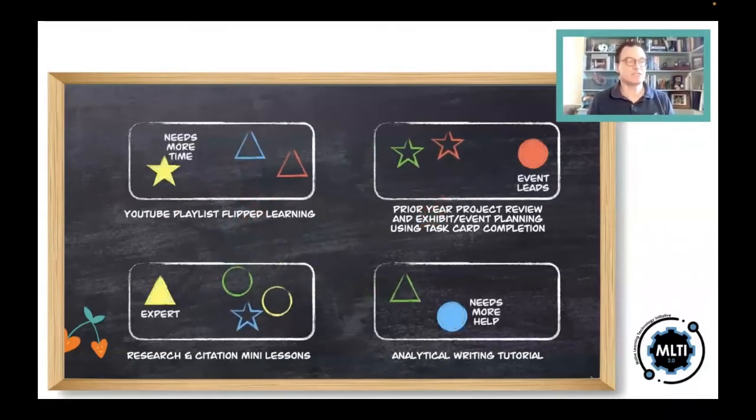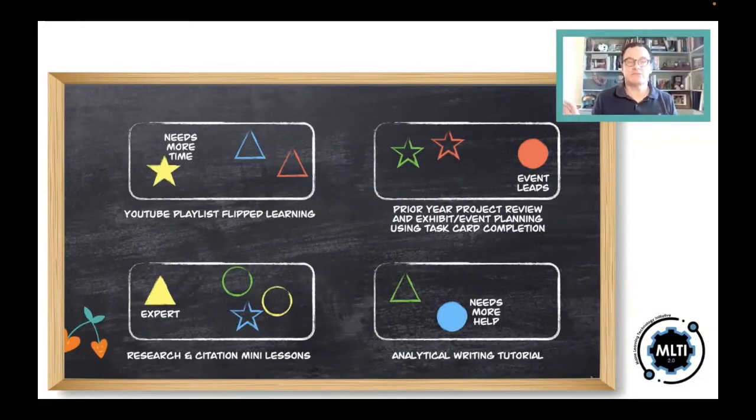I showed these as filled in, but we have the yellow star here representing someone who needs more time, or a group that needs more time with the flipped learning and the YouTube playlist. Here we have an expert who has begun to develop or demonstrate a real skill with the research and citation piece, and they can become a peer tutor or a student-to-student teacher.